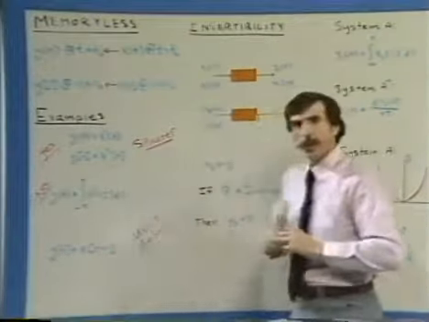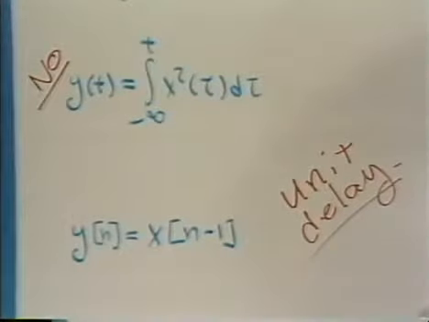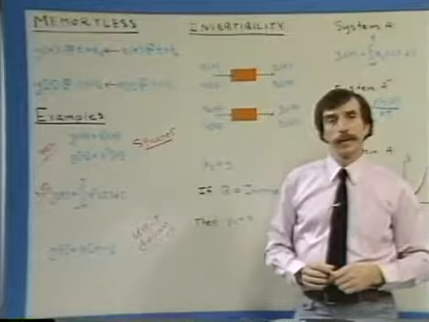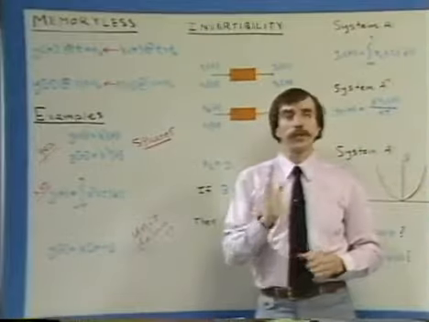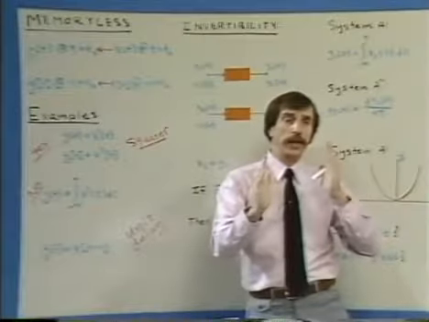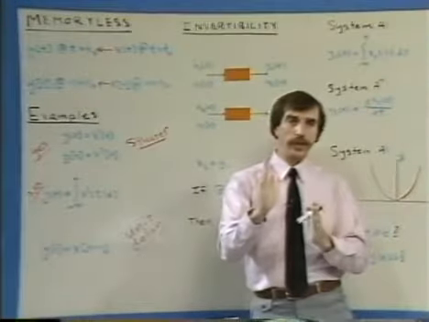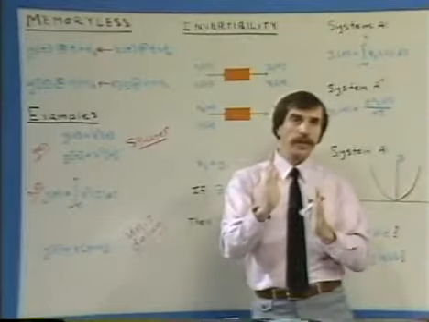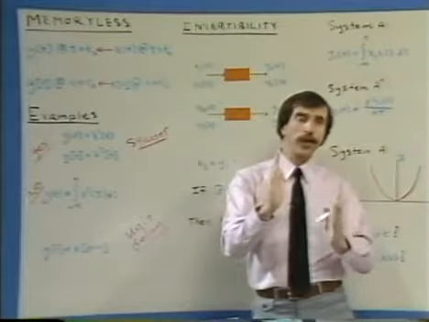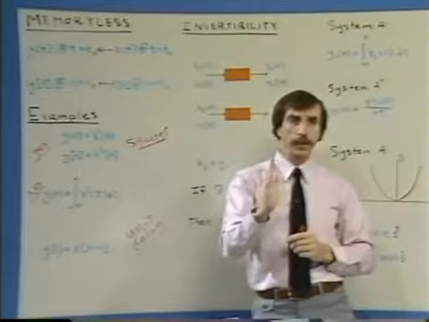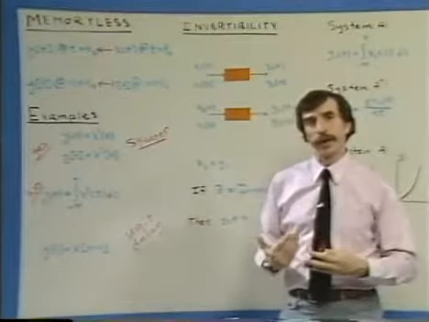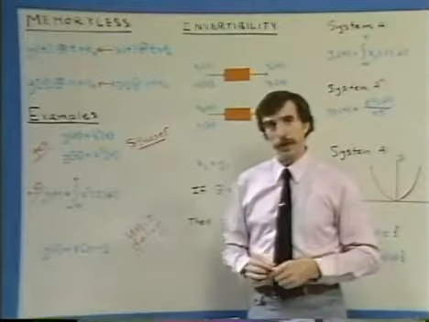And now the question is, is that system memoryless? Well, the output at any instant depends only on the input at one instant. But since it depends on an instant prior to the time at which we're looking, or different than the time at which we're looking, it violates the definition of memoryless that we introduced.